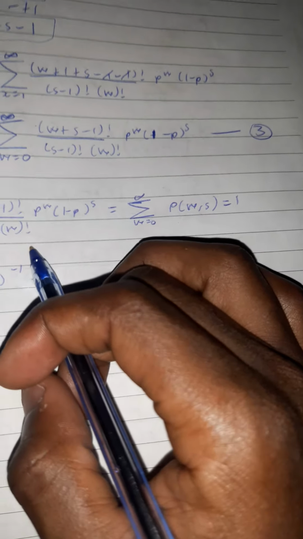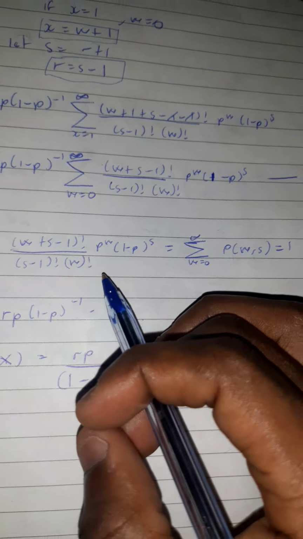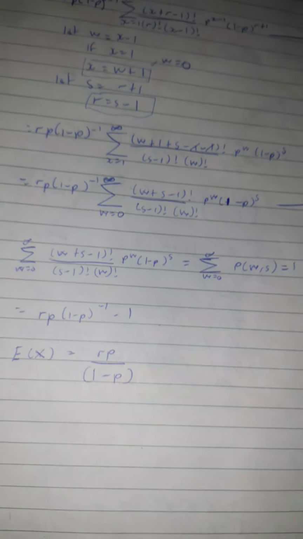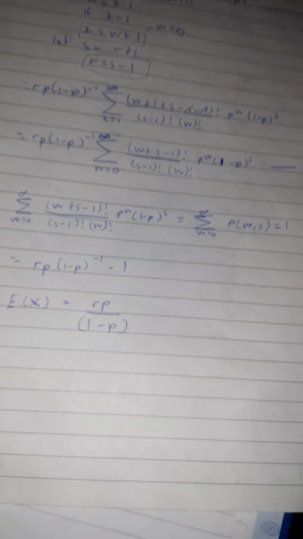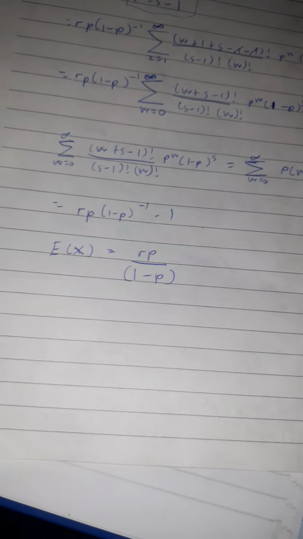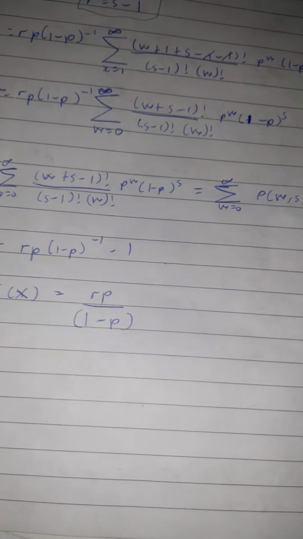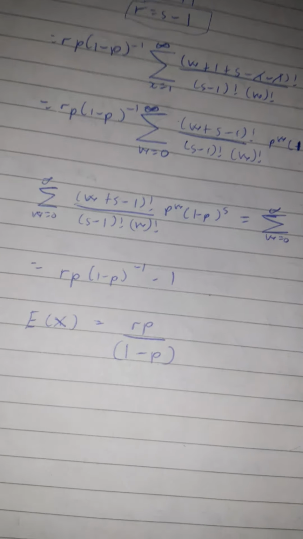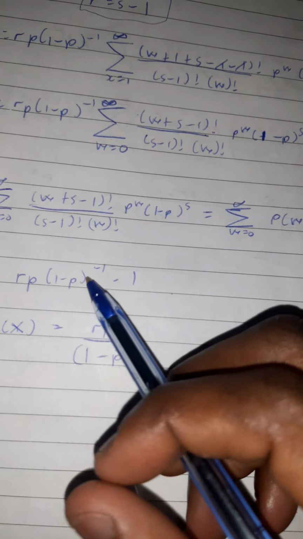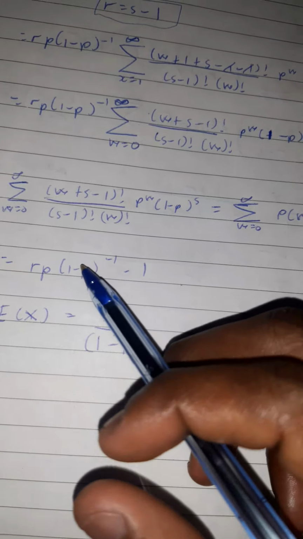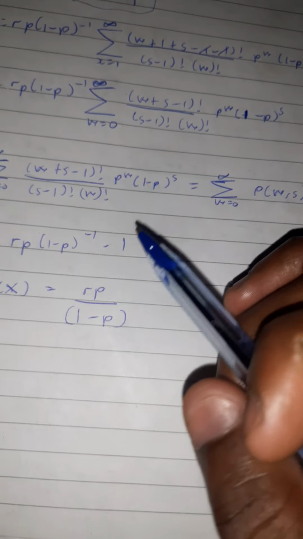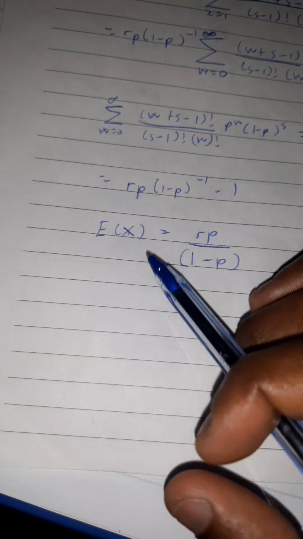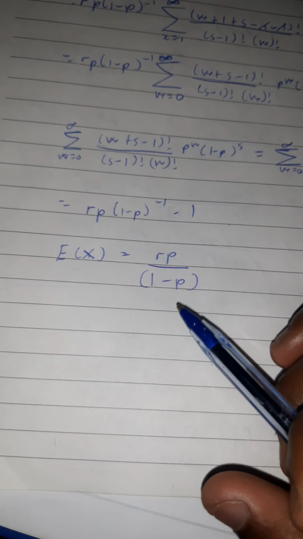This is the equation for getting the probability, and to prove that it's a PMF is 1. So that part is 1, meaning that you substitute this into equation 3, leaving us with rp times (1 minus p) to the power negative 1 times 1, leaving us with the mean as rp over 1 minus p.